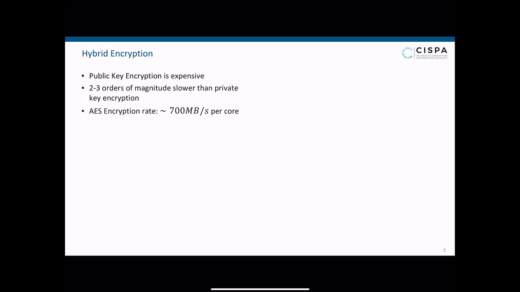When you encrypt with AES in your favorite mode of operation, let's say counter mode, the encryption rate is typically something, I got this from the internet last year, around 700 megabytes per second per core. So a single core, typically computers have quad or octo cores, can gobble up 700 megabytes per second and turn that into ciphertext.